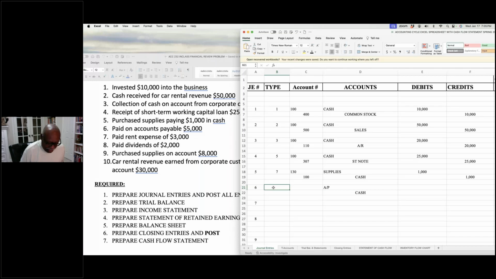Eight. That will be an 8. And then accounts payable, the number is 301 and cash is 100. And what's my amount? 5,000.